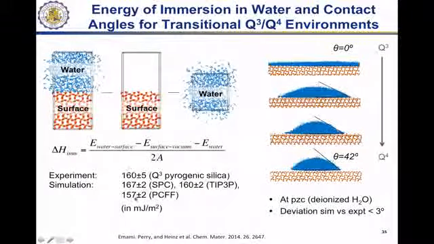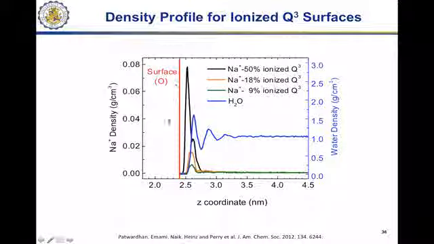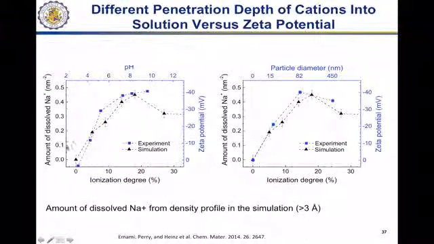And those force field parameters, for example, reproduce the hydration energy that was measured here. They also reproduce contact angles of water and silica for those different environments, at high temperature, if they are annealed, from Q3 to Q4. Then we also looked at the density profiles of those electric double layers, and there we found some interesting correlations of the amount of dissolved sodium ions, the ones that would diffuse more into solution, and the measured zeta potential in experiment.